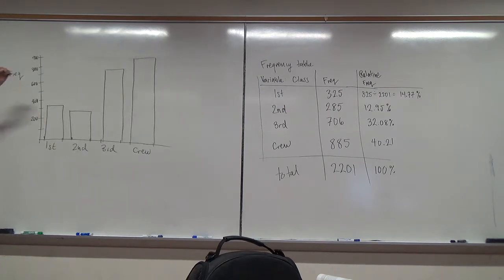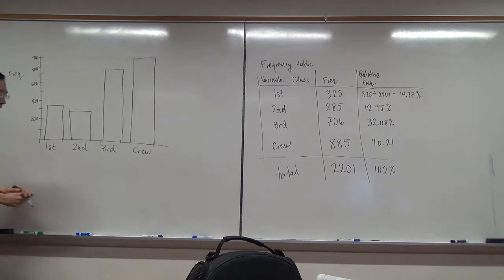Now realize that I could, if I were to divide all of these numbers by whatever number I choose, let's say if I were to just change the scale here.